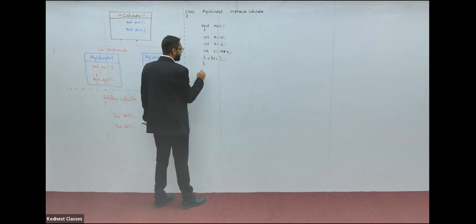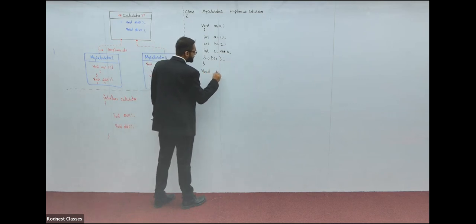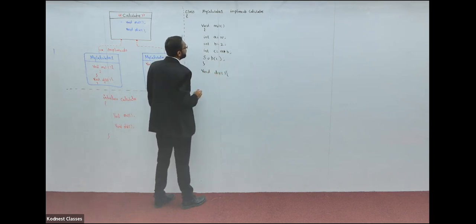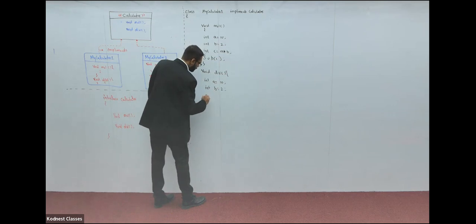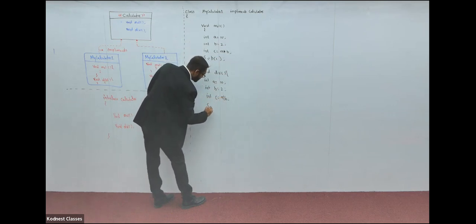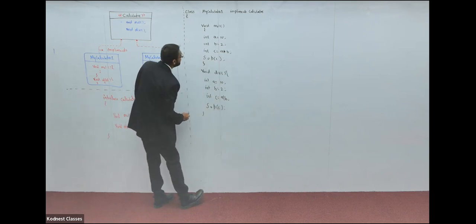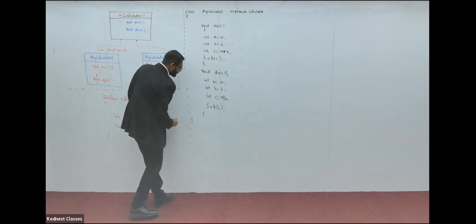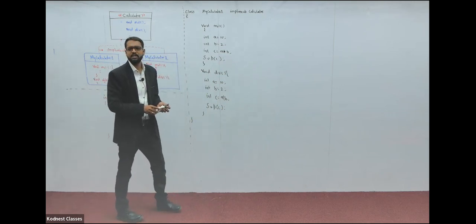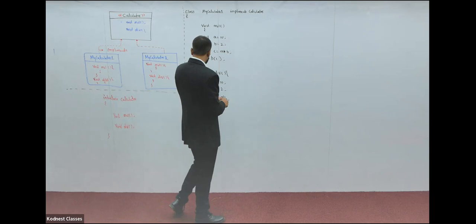Similarly, for div also I have to give body. This is void div. Maybe int a equals 10, int b equals 2, int c equals a divided by b, System.out.println(c). This is the closing of the div, and that is the closing of the class called MyCalculator1. Completed.